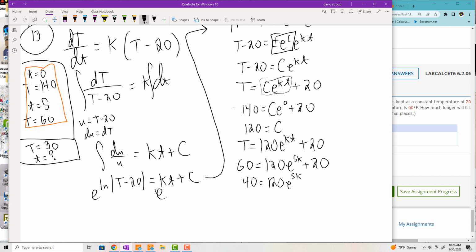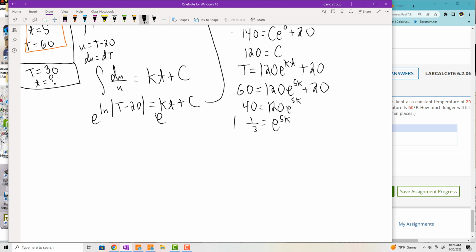Divide both sides by 120, that'll be 1/3. Natural log both sides. Divide by 5. And so our final equation that we can use to answer the questions is T equals 120 e to the (ln 1/3 all over 5) t plus 20.